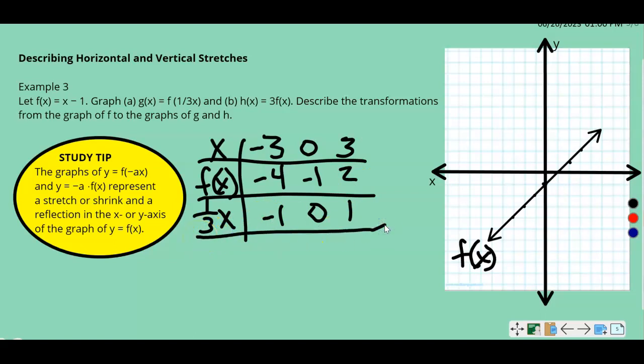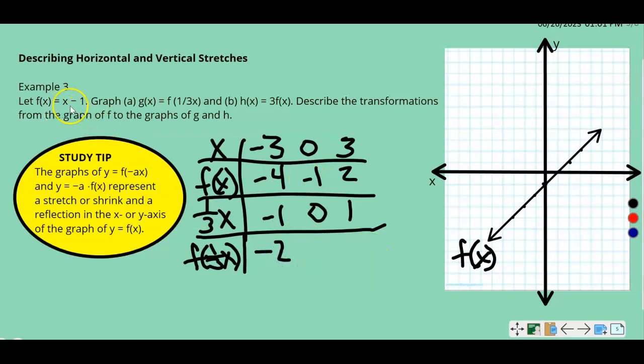Now, before we graph it, we're looking for f of 1/3 of x. So we got to plug it in to find our y values. So -1 minus 1 would be -2. All right, let me write the function down. So f of 1/3 of x. Again, we're going to take -1 minus 1 is -2.